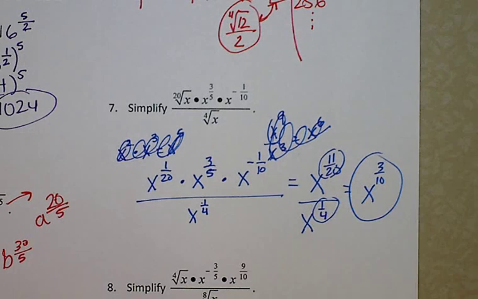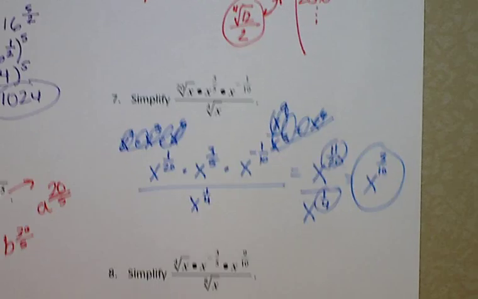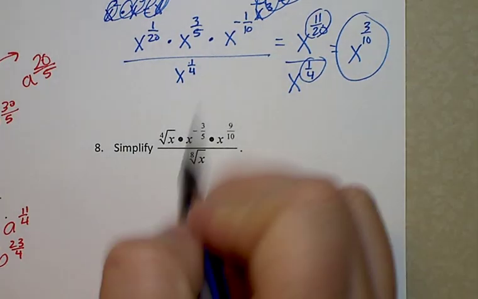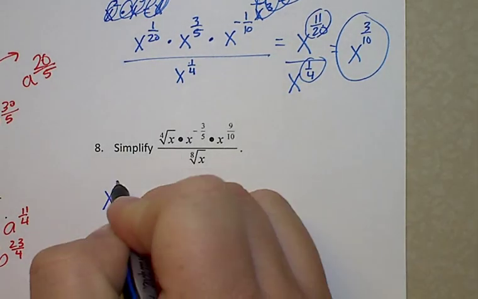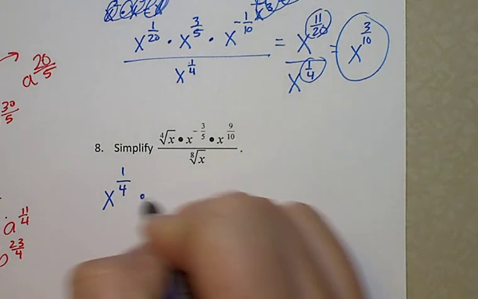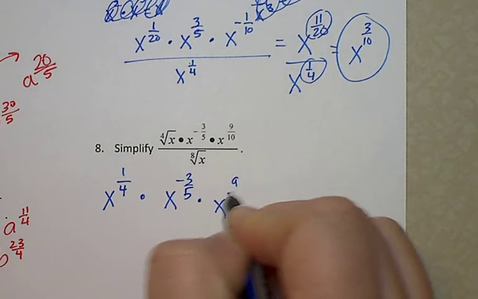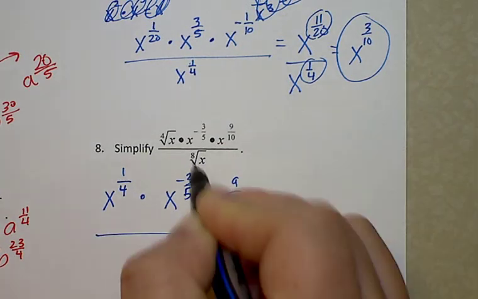Moving on to number 8. Number 8, again, is like number 7. First, I'm going to rewrite it in a rational exponent form. The nth root is 4, 1 on top. And on the bottom, the nth root is 8, 1 on top.